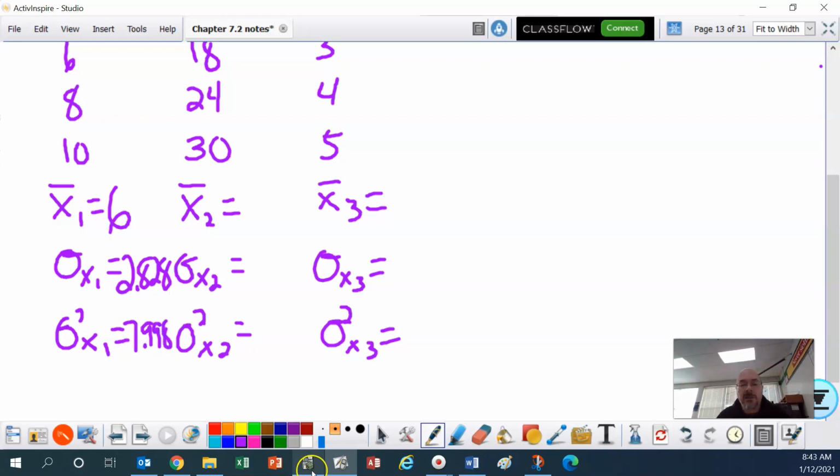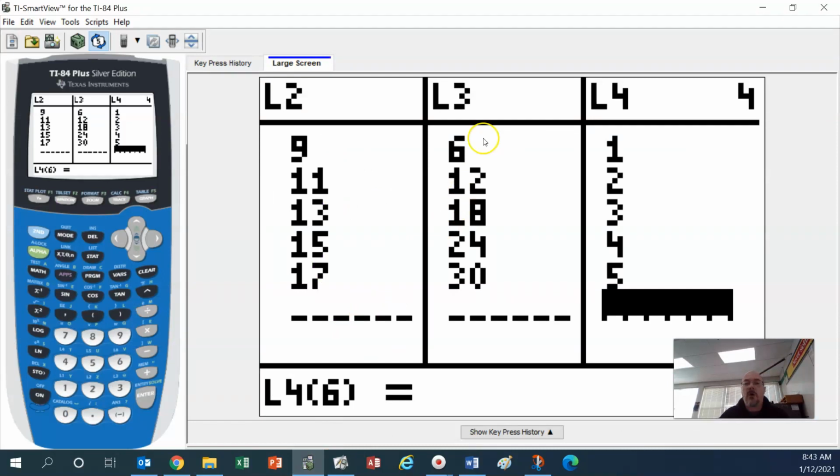Now, I already typed these numbers into the calculator. I've got them in list 3: 6, 12, 18, 24, 30.